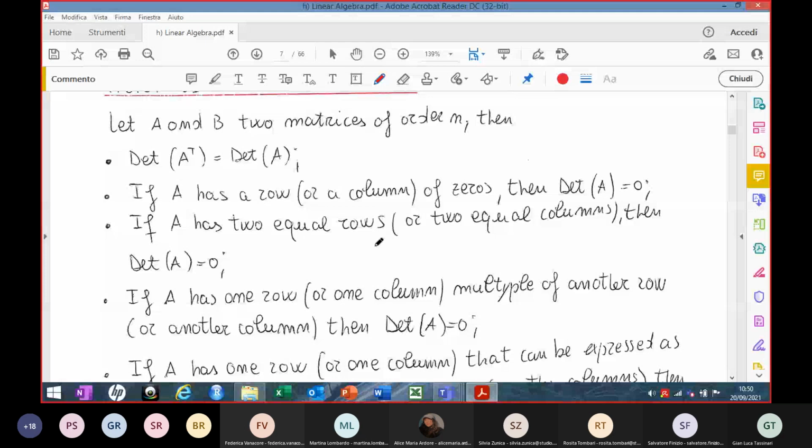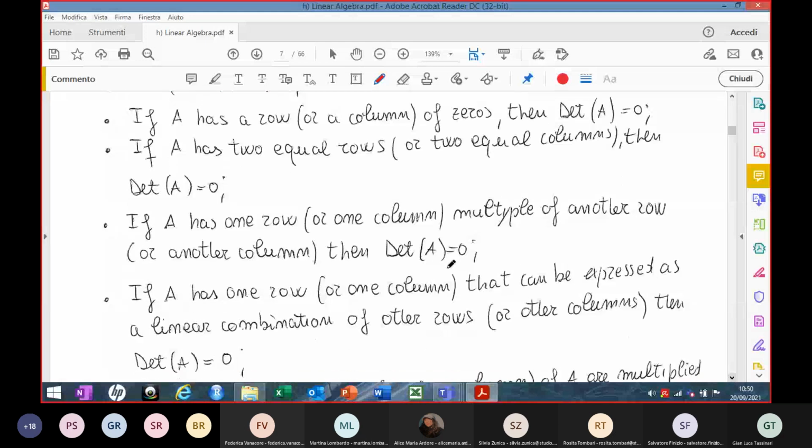If A has 1 row or 1 column that is a multiple of another row, for example, suppose that the third row can be obtained by multiplying the first one by 2, so all the elements of the third row are obtained by multiplying the ones of the first by 2, then the third row is a multiple of the first one, and so the determinant is 0.